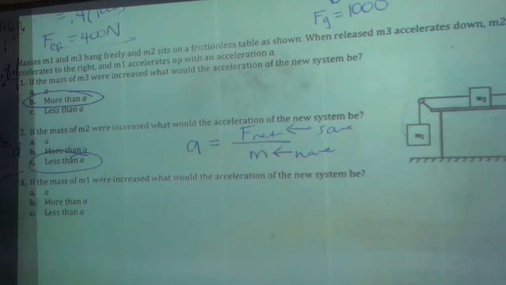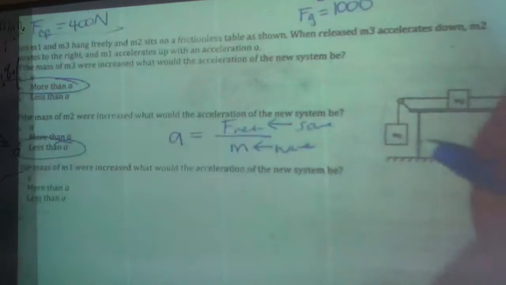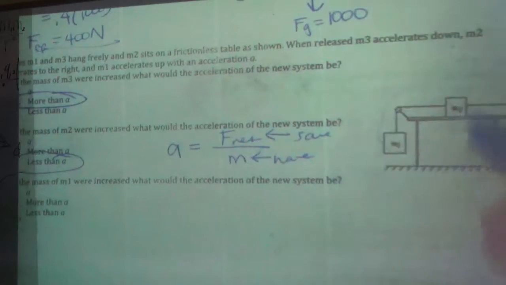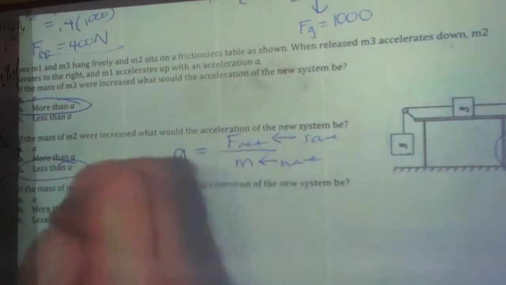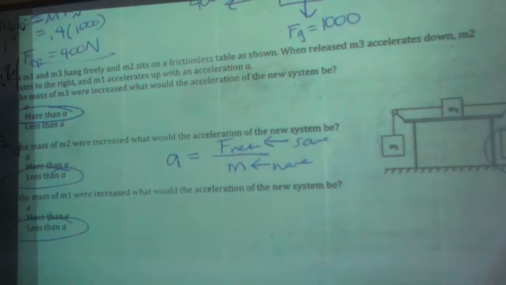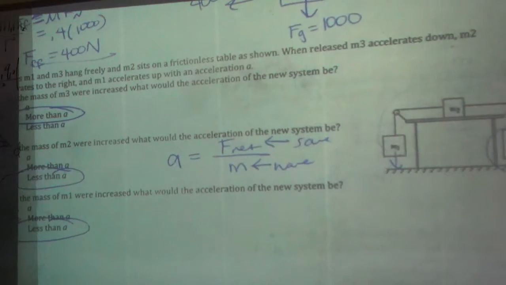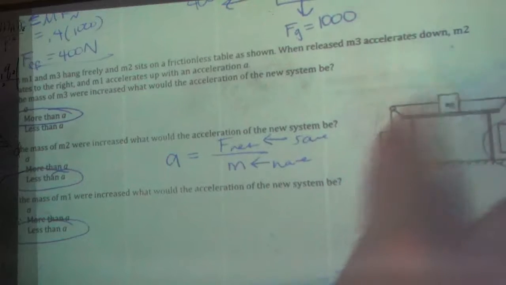And then 23, if you were to increase mass m, what would the new acceleration be? If you just increase it a little bit, not to where it is more than the other mass, then you're actually going to decrease the acceleration, because right now this one is greater and it's accelerating this way because it has a greater mass. Here, this has a mass that is keeping this from just accelerating at gravity because they're all connected.